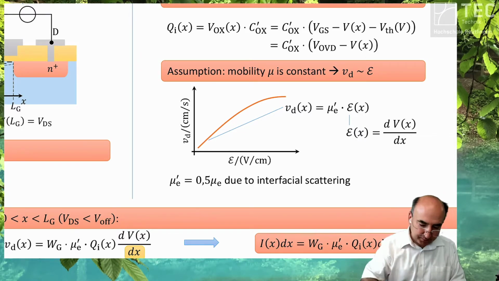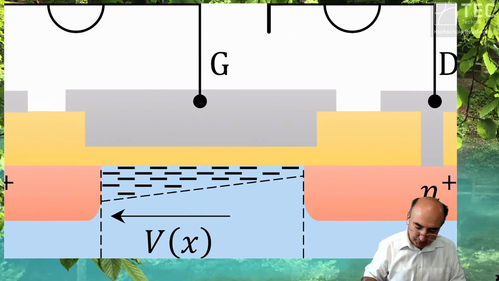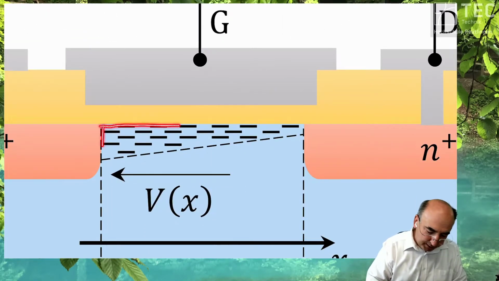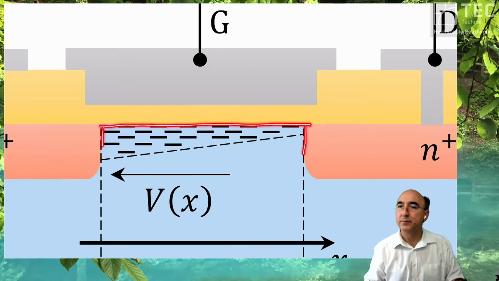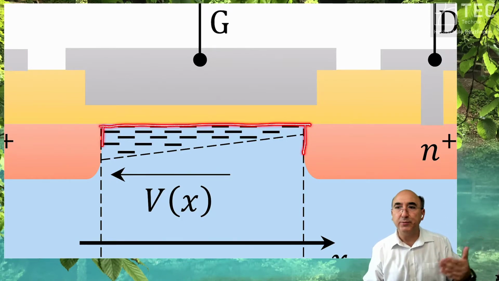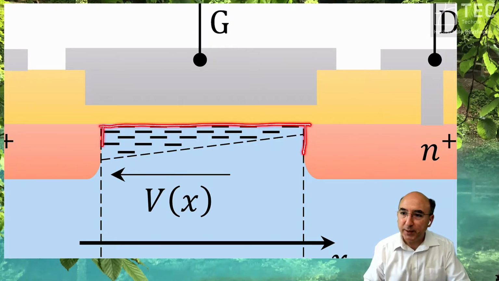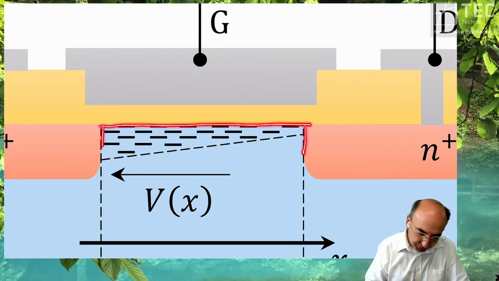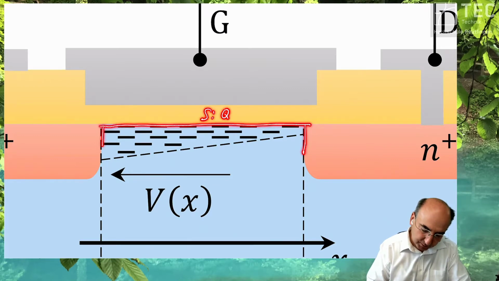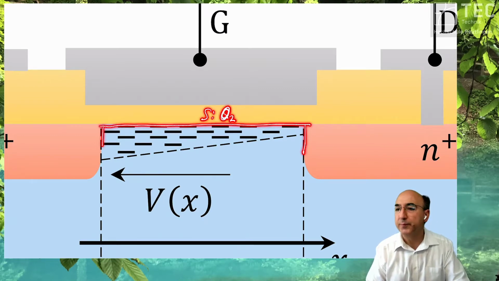But this semiconductor ends up here. So our assumption of a perfect crystal is not valid because it stops there. Here you have a silicon oxide.